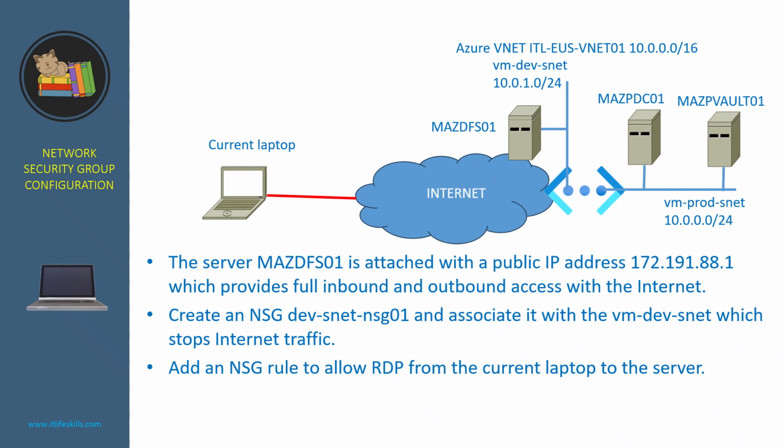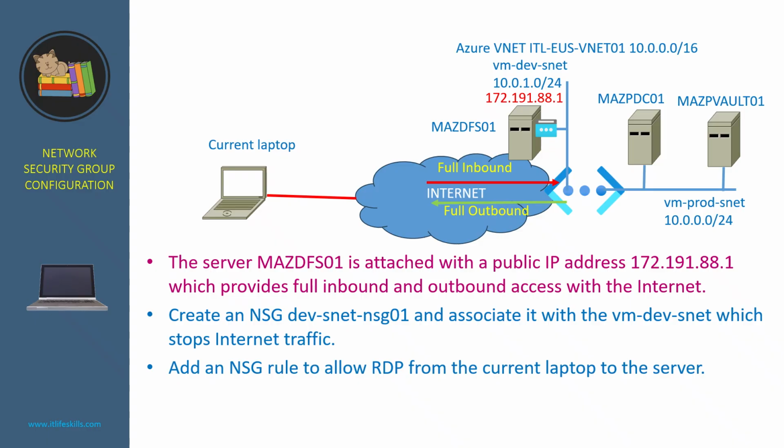Let's practice configuring a network security group. As you know, in this network diagram, the server MAZDFS01 is attached with a public IP address 172.191.88.1, which provides full inbound and outbound access with the Internet.